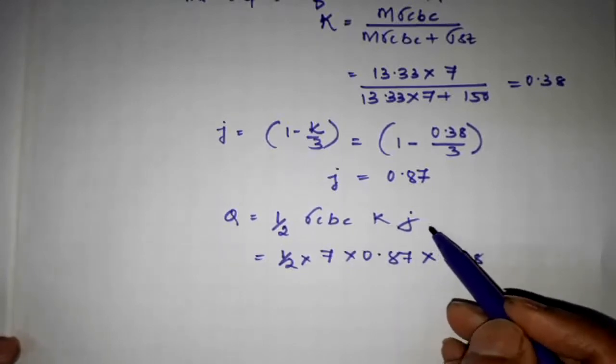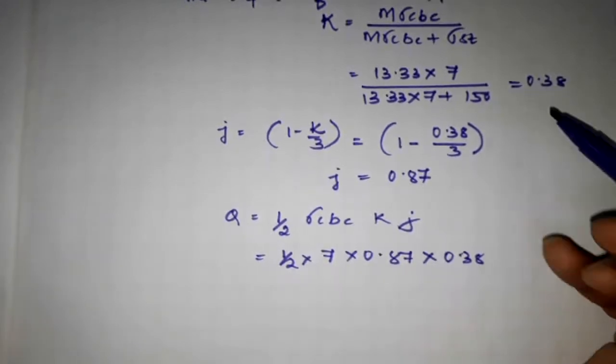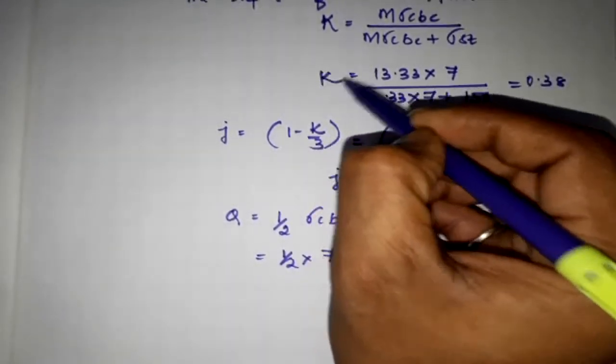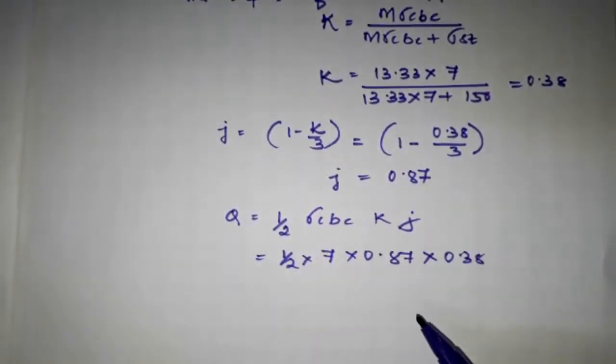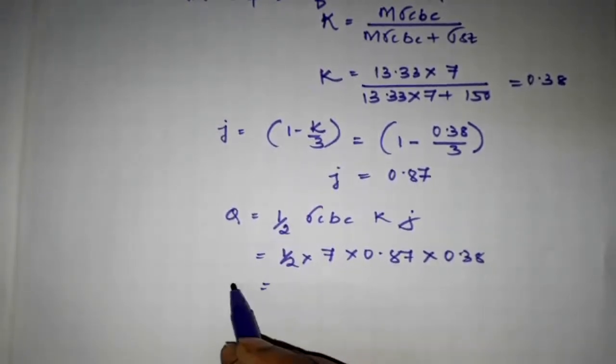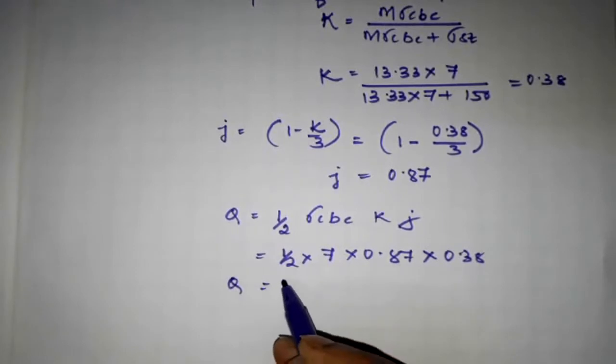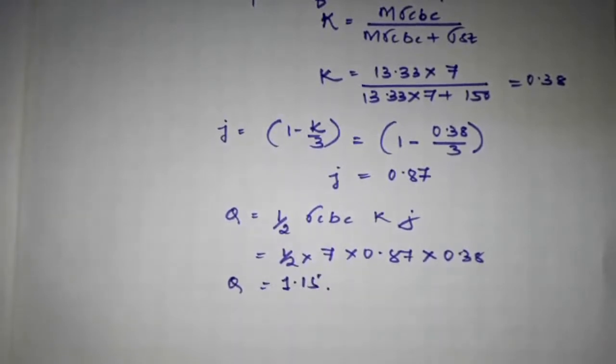Already we have calculated. So this is the value K, this is J. Then we get the value of Q is equal to 1.15.